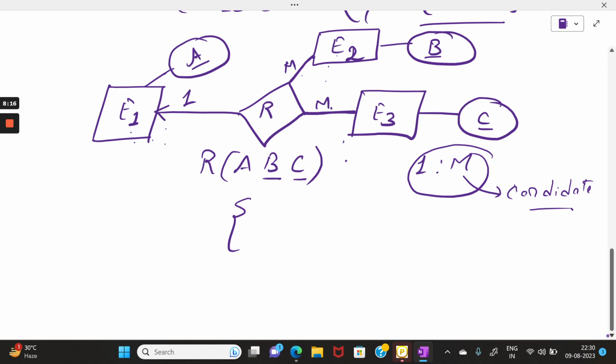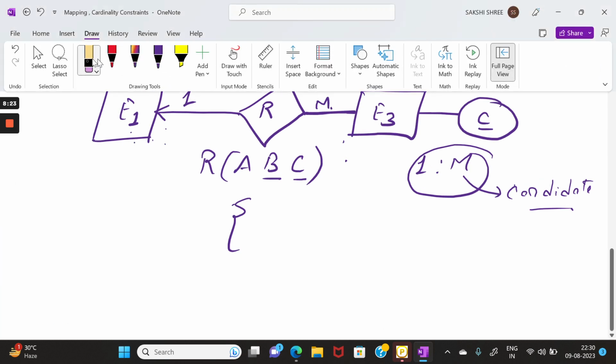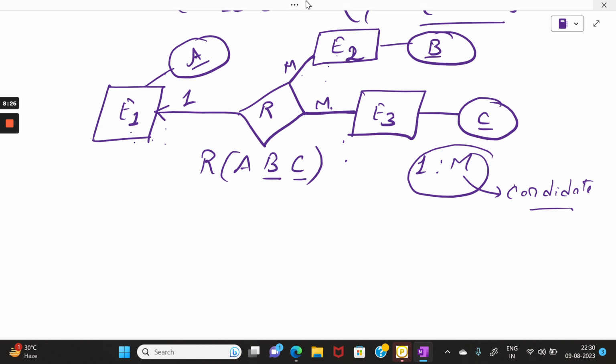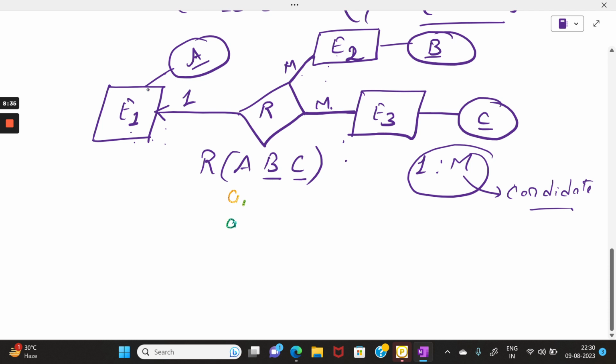So let's see, we will treat it as an example. If we have A1, A1 is mapped to B1, A1 is mapped to B2, and A1 is mapped to B3, and then we have A2 mapped to B2, like so.